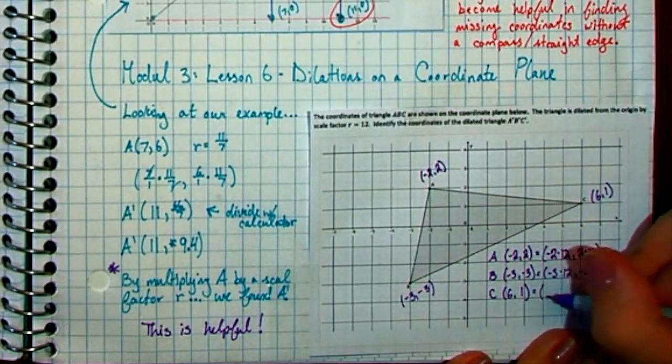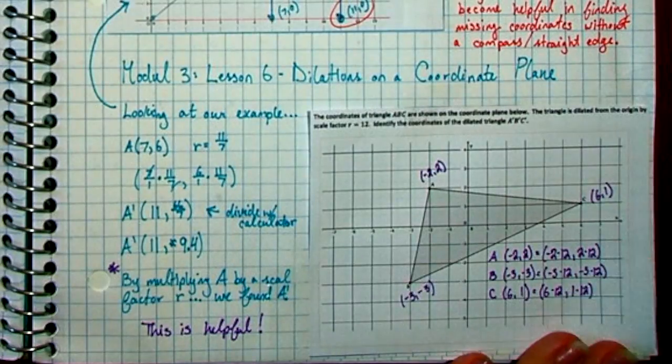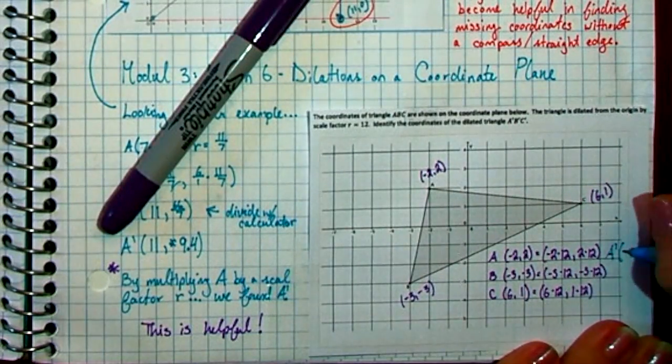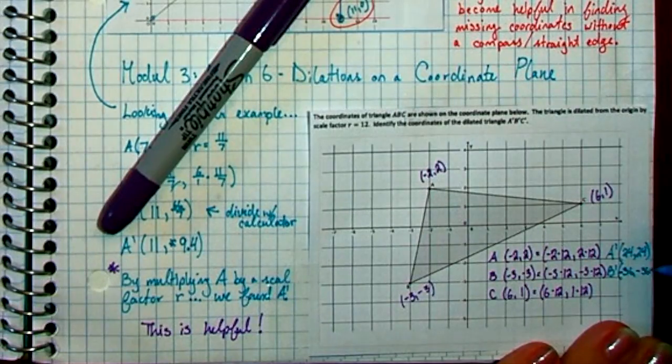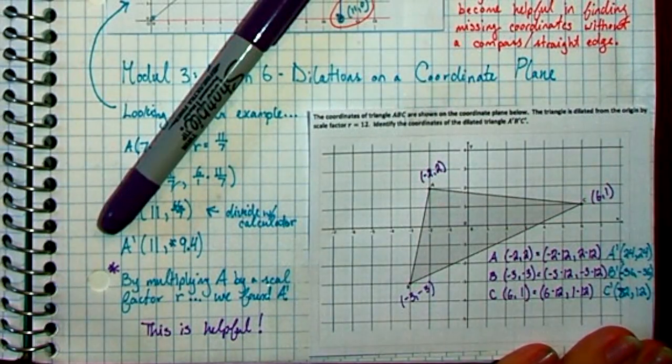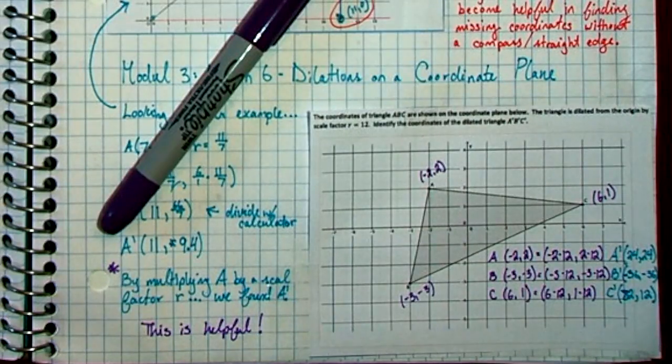So as you can see, I'm writing A, B, and C. And when I complete that multiplication, I get A prime is the coordinate 24, 24. B prime is the coordinate negative 36, negative 36. And C prime is the coordinate 76, 12.